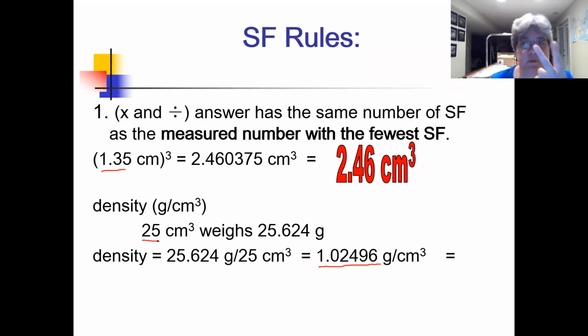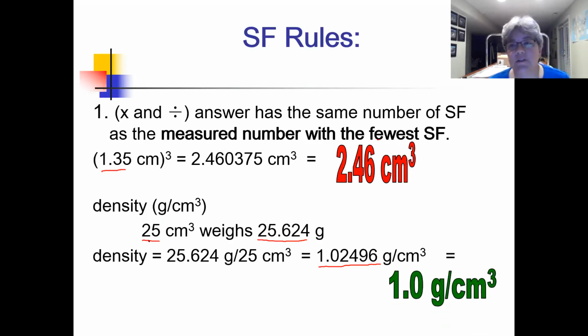Okay, there's 2. How many for this number? There's 5. Okay, so my answer should have, remember it's the number with the fewest, so my answer should have 2. So you should give your answer as 1.0 grams per cubic centimeters. Okay, so that's multiplication and division.